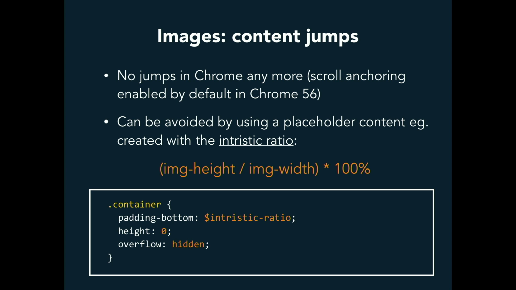We have some container, and inside the container we have our image. The container will have a padding-bottom with this intrinsic ratio, the height of 0, and overflow hidden, and inside, the image will have position absolute to the top left. Thanks to that, we have this container that will mark the space where the image is going to appear, and we will not have these content jumps. We can style it, so this is a pretty useful technique.